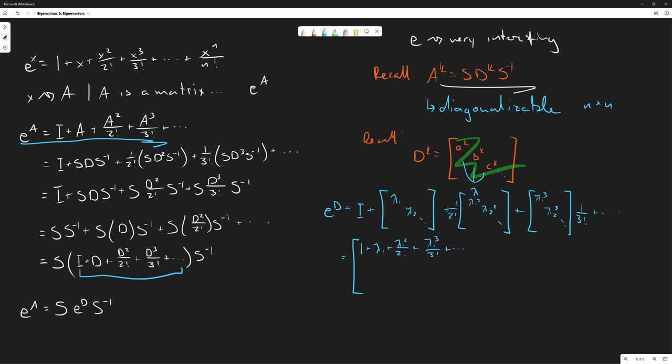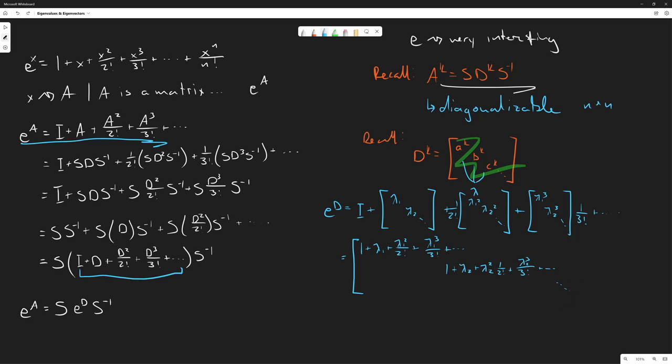And it's going to be the same thing on the diagonal, so it'll be 1 plus lambda 2 plus lambda 2 squared times 1 over 2 plus lambda 2 cubed over 3 factorial, and so on. It's the same thing all across the main diagonal.